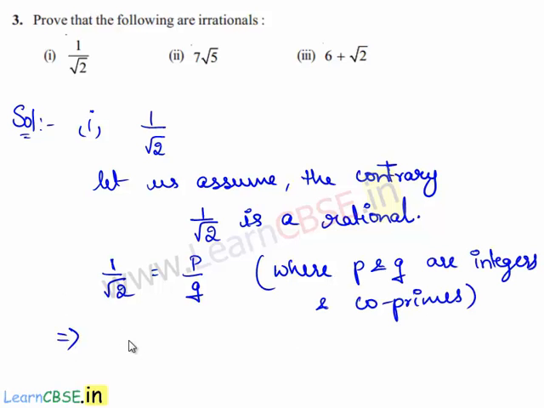This implies root 2 is equal to q upon p. Since q and p are integers, q upon p is a rational number. So this statement gives that root 2 is also a rational number.